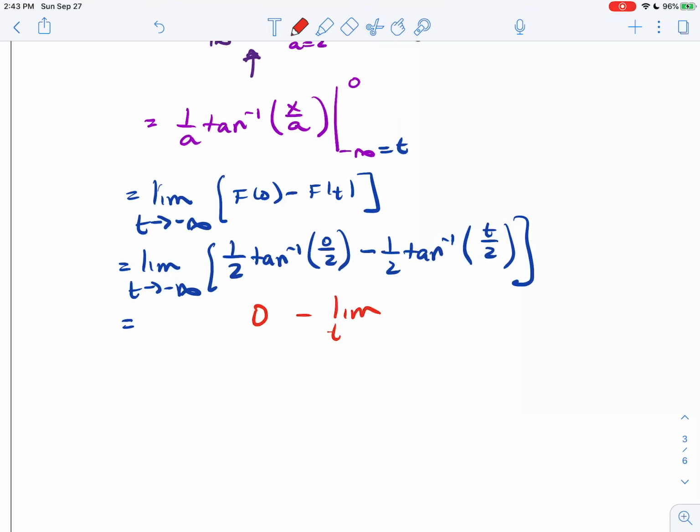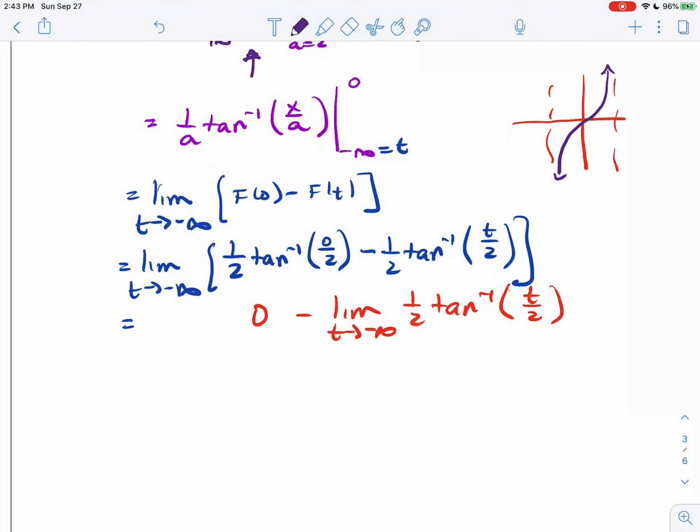And we're going to have minus the limit as t goes to minus infinity of 1/2 inverse tangent of t over 2. And if we remember our tangent function looks like this. And this is pi over 2 and minus pi over 2. And so we see here that tangent of 0 is equal to 0, which is why we ended up with 0 here. But inverse tangent is going to input your trig ratio and output your angle.